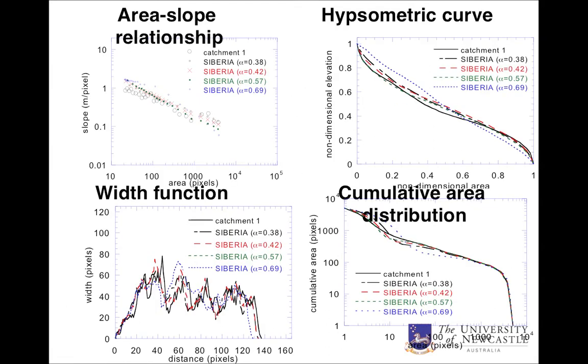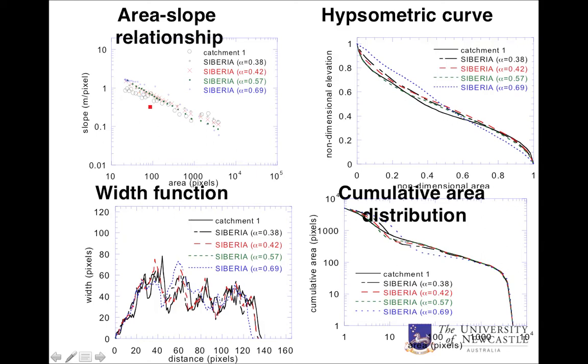But what you can do is compare other aspects, not just the visual comparison, but quantitatively you can compare the different sites and the different models. Right? So the open circles here are the catchments, and the other points here are the model with different parameters, different alpha parameters describing that erodibility, right? Erodibility factors.